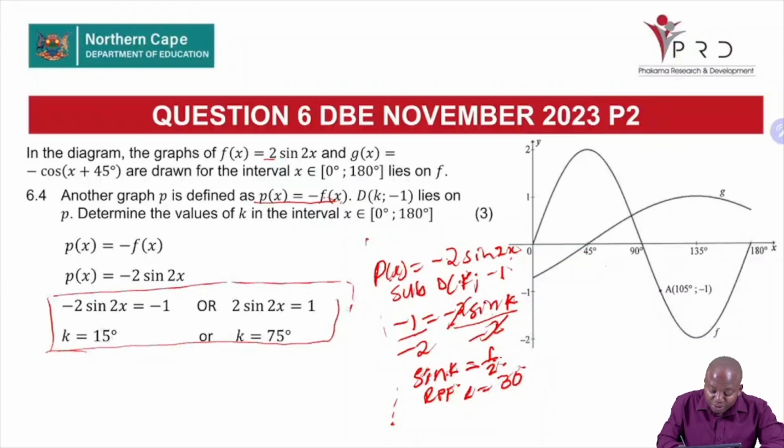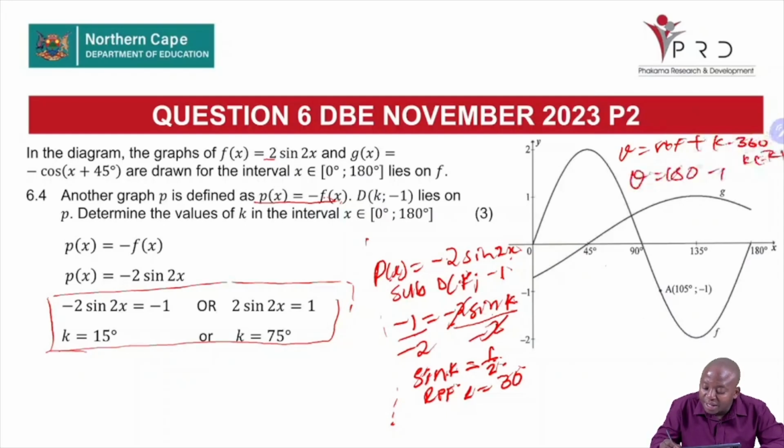Now, how did we get to that? Remember, for sine, the first one is theta is equal to reference plus k times 360, where k is an element of integers. And the second one is theta is equal to 180 minus reference plus k times 360, where k is an element of integers.